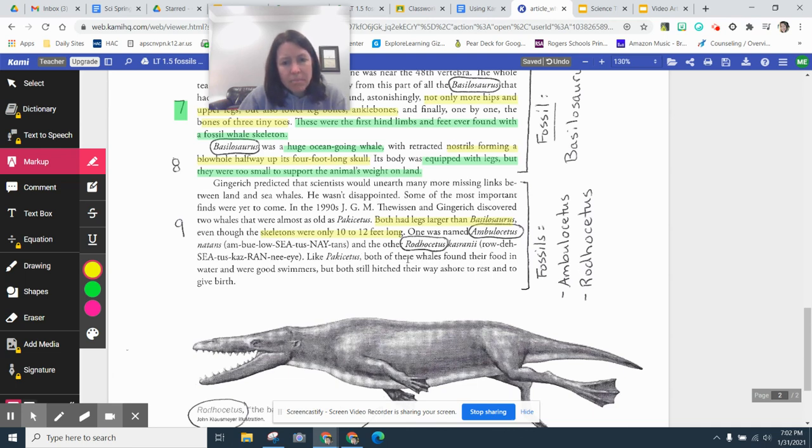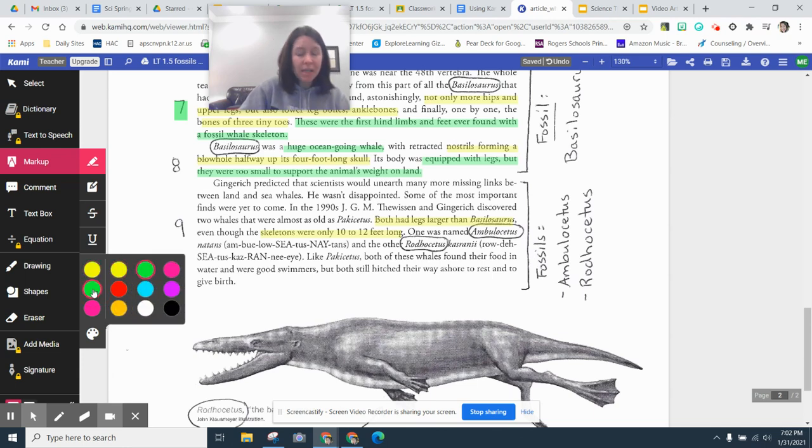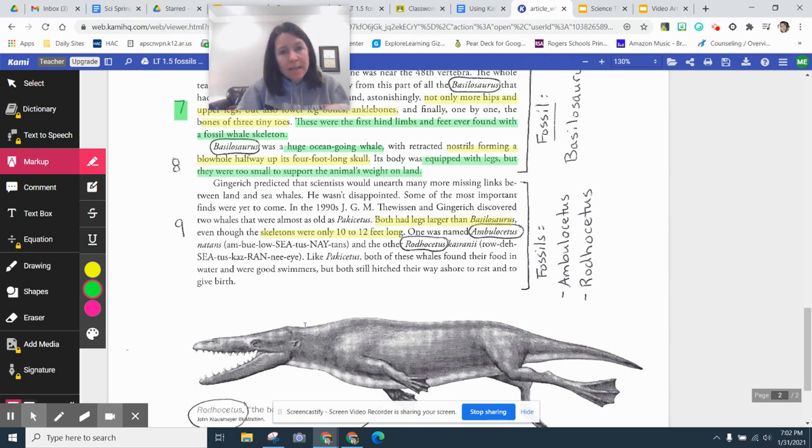The last thing, both of these whales found food in the water and were good swimmers. Well, that's not something they observed happening. That's a conclusion they made based on the evidence, because they couldn't see them do that because they're just fossils.